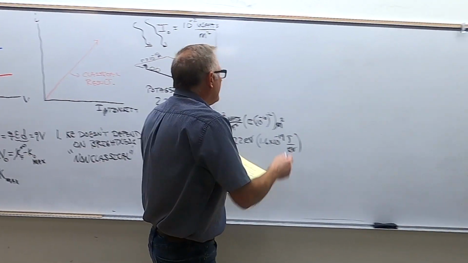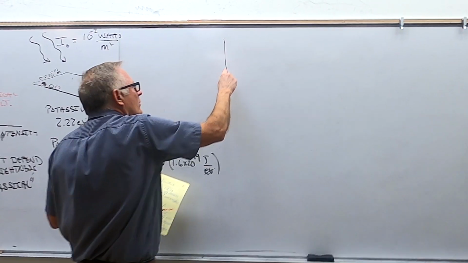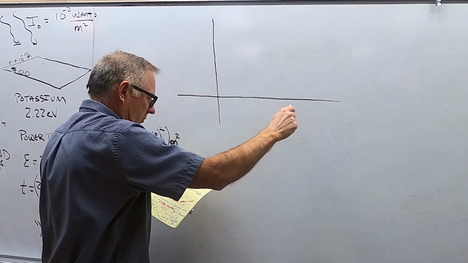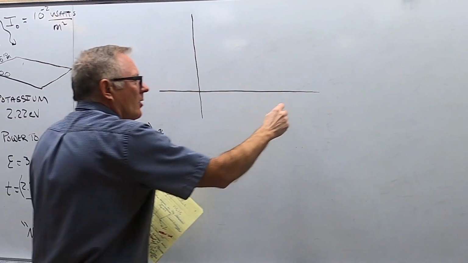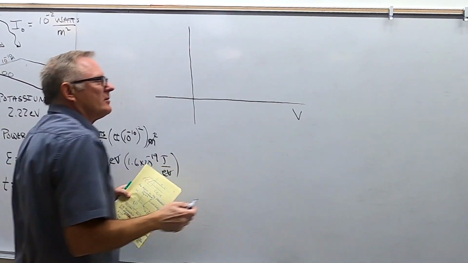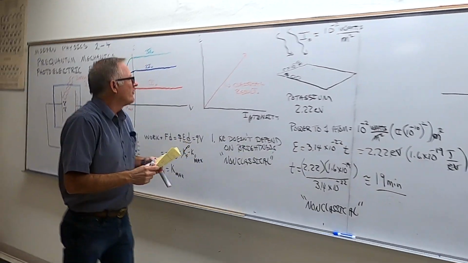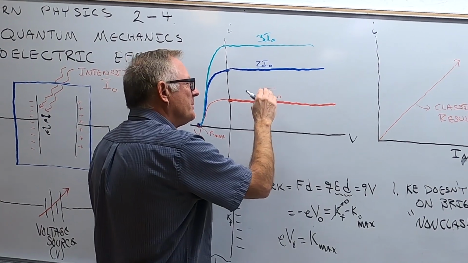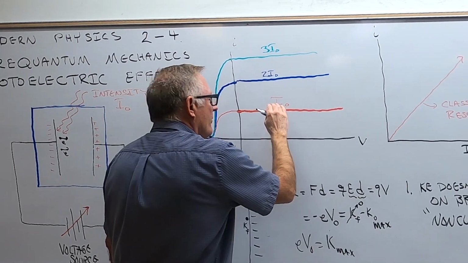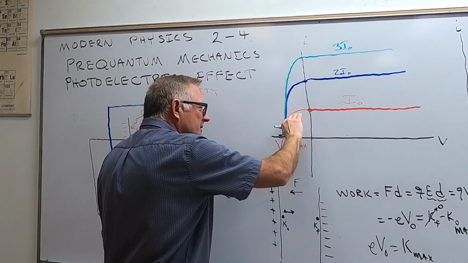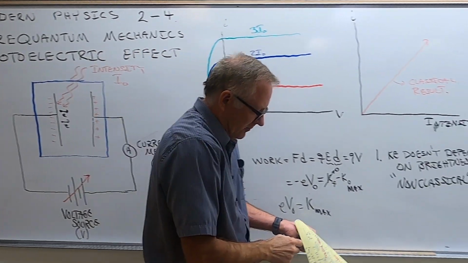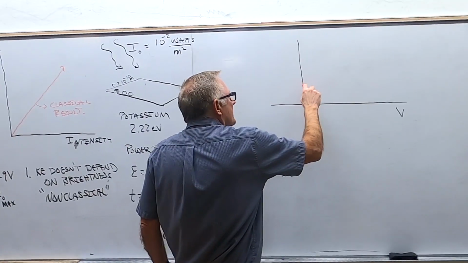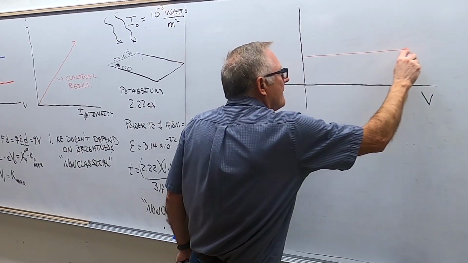If we come back, now we'll change the frequency of the light. We'll still change the voltage, but first, instead of doing it at a specific intensity, we'll do it at a specific frequency. If we do it at a specific frequency, we're going to get a pattern just like we got for that one.